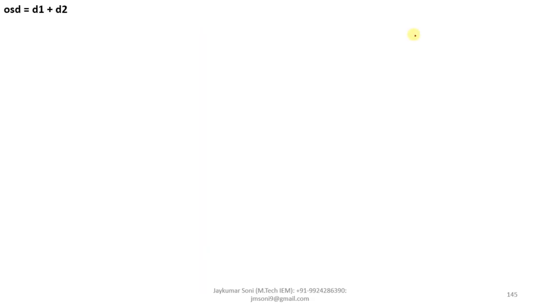So it will be the summation of both d1 and d2, meaning 38.8 plus 245.72. Ultimately, OSD will be 284.57 meter for one way.